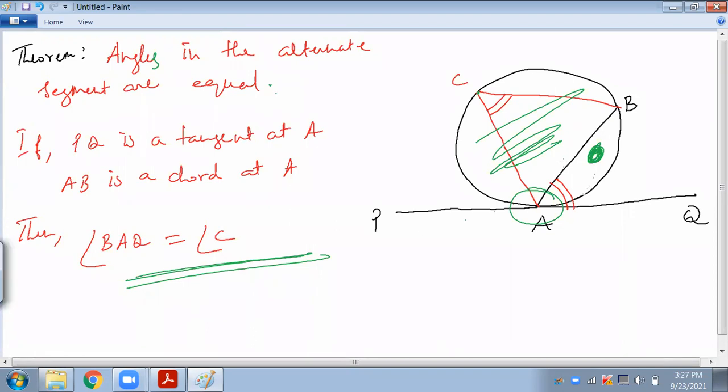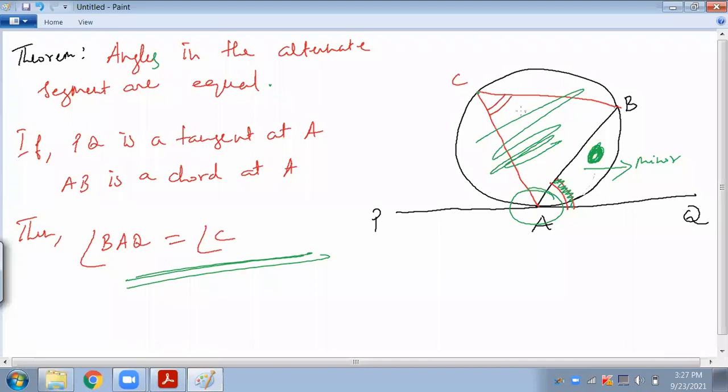Okay, fine. So once again, in the angle in the alternate segment, there will be a tangent and a chord at the point of contact, and the chord will make an angle with the tangent in one segment. It is making this angle in this segment, that is the minor segment.